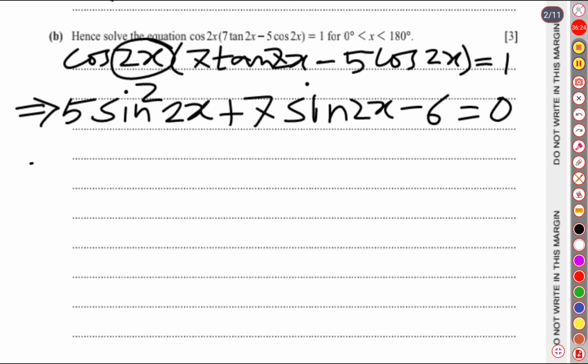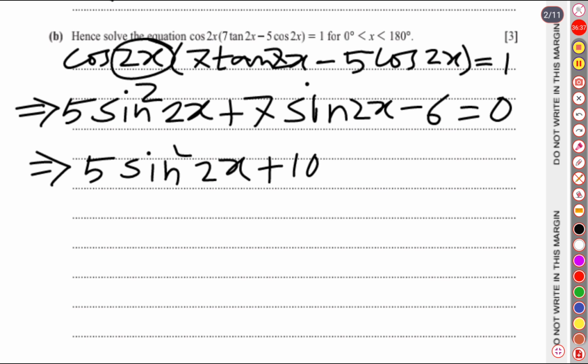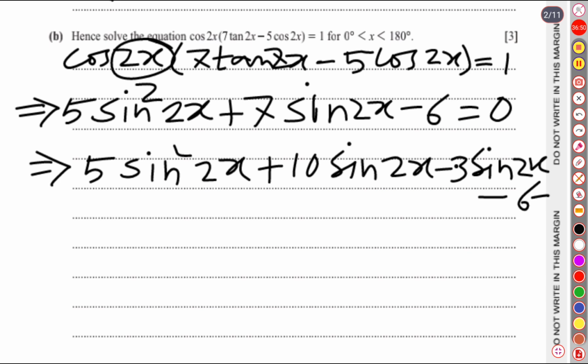Then we can factorize this. 5 times 6 is 30, so we can break up the middle term: 5 sine square 2x plus 10 sine 2x minus 3 sine 2x minus 6 equal to 0.